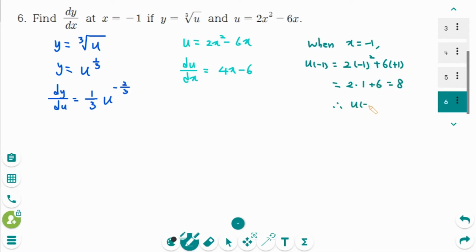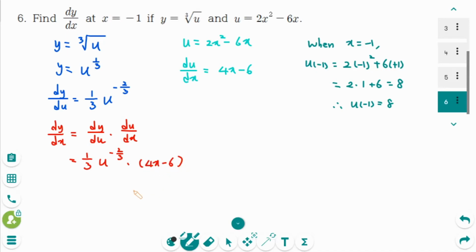So u of minus 1 equals 8. dy/dx equals, we can rewrite as dy/du times du/dx. dy/du equals 1 over 3 u to the power of minus 2 over 3 times du/dx equals 4x minus 6. Then dy/dx, when x equals minus 1, that means u equals 8.